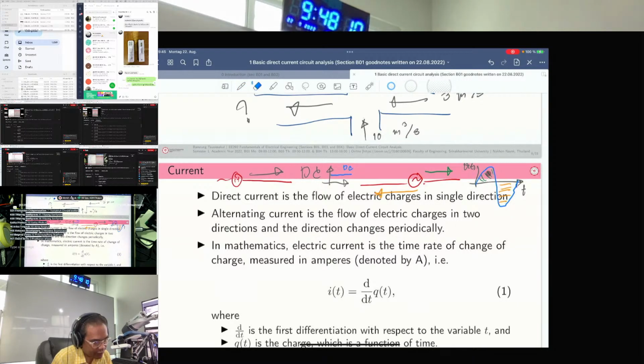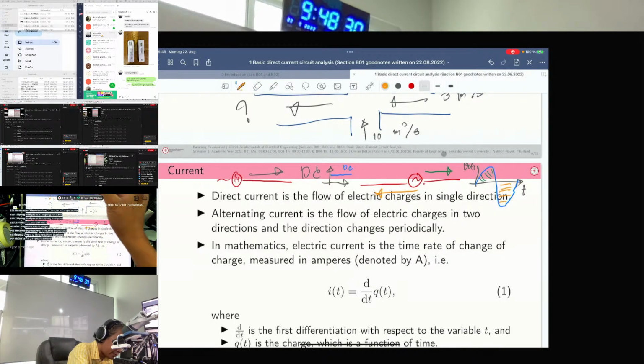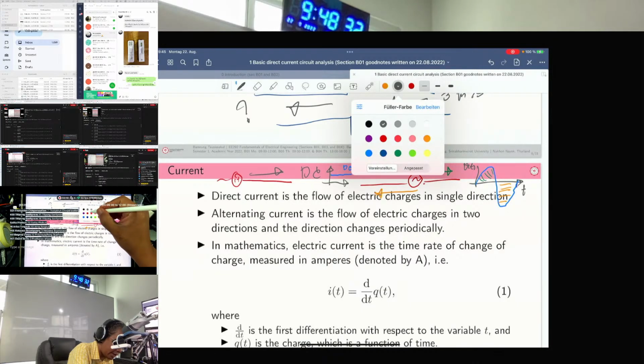If you observe at the first mountain, you're going to see that the current flows in this way from left to right. And if you observe the water source at this location, the water will flow from the right to the left. Okay, and that's called AC.